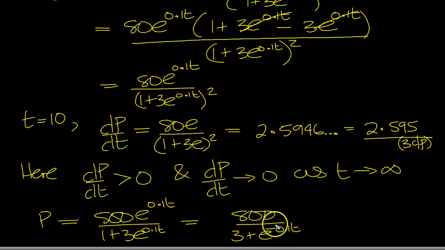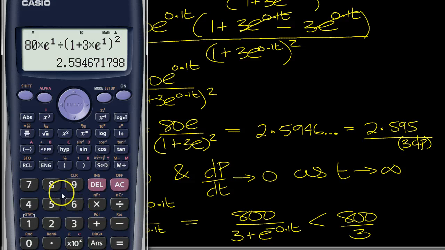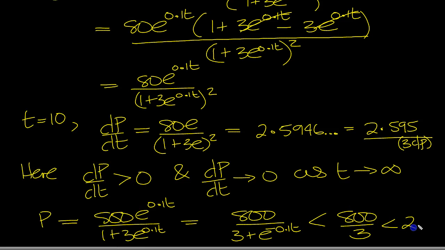This is always positive, so it's got to be less than 800 over 3. It's never going to get bigger than that. And 800 over 3, 266, which is less than 267, which is less than 270. So it never goes bigger than that.